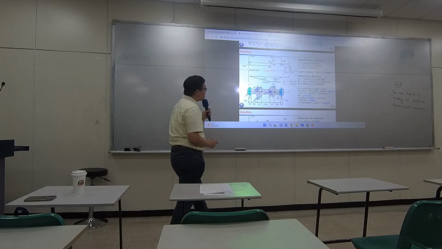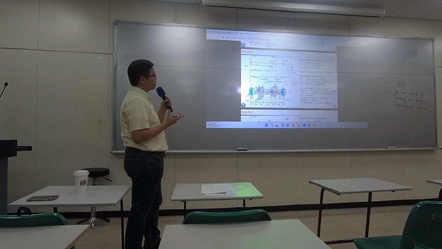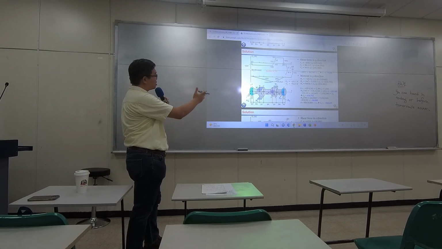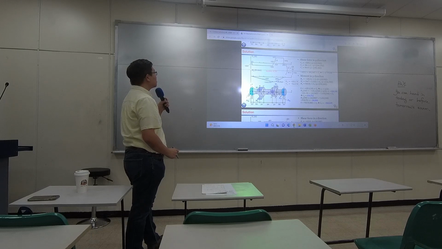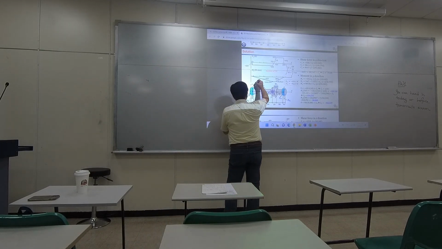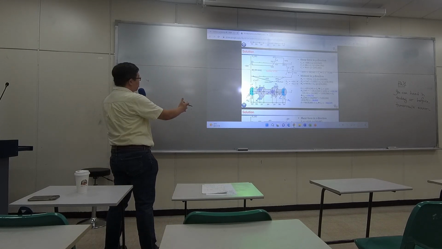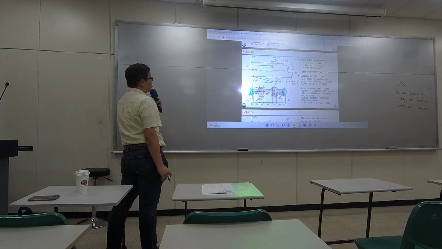Okay, so I'm gonna compute the moment responses at different segments. Now, what you can do is make a cut somewhere in the middle of segment 1.